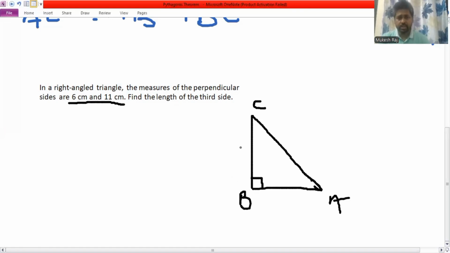One of the sides, of smaller length, you can consider to be 6 centimeter, and the other will automatically become the side of 11 centimeter.